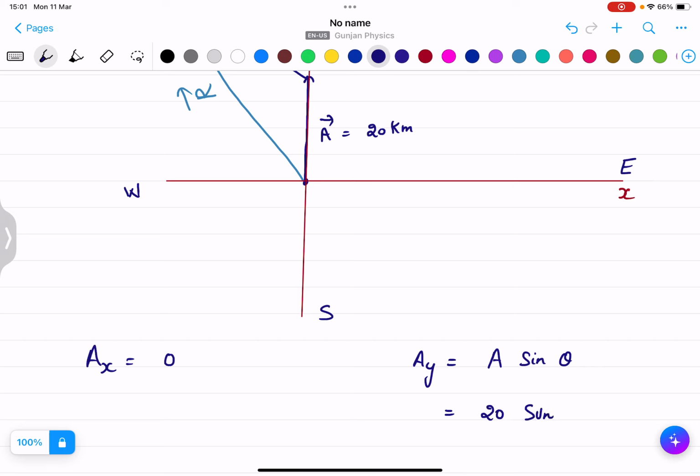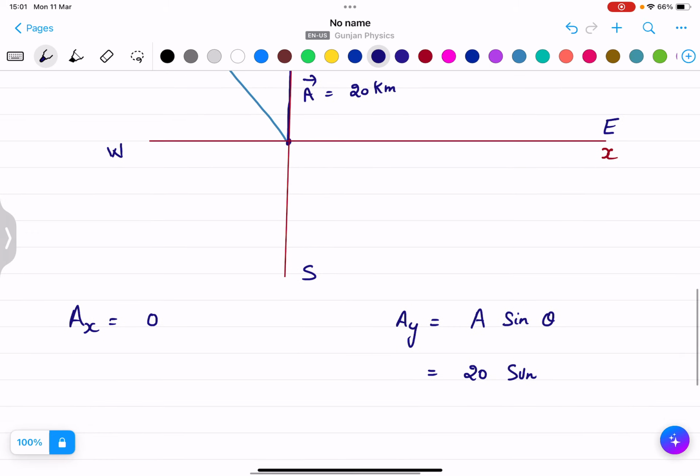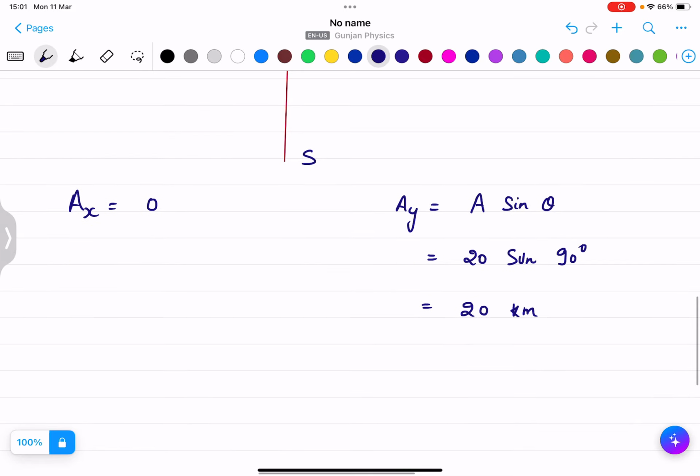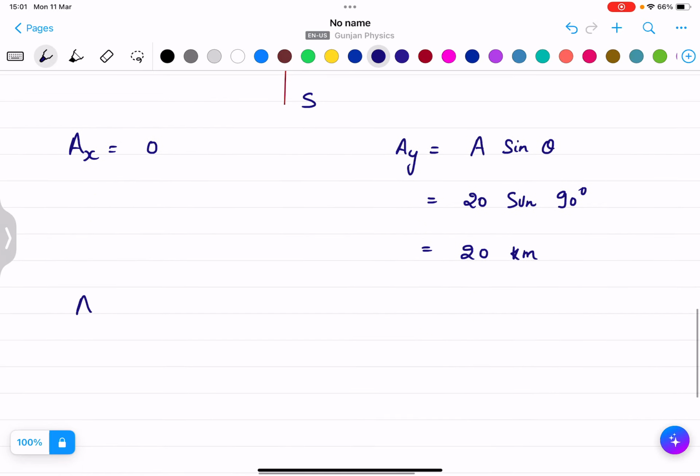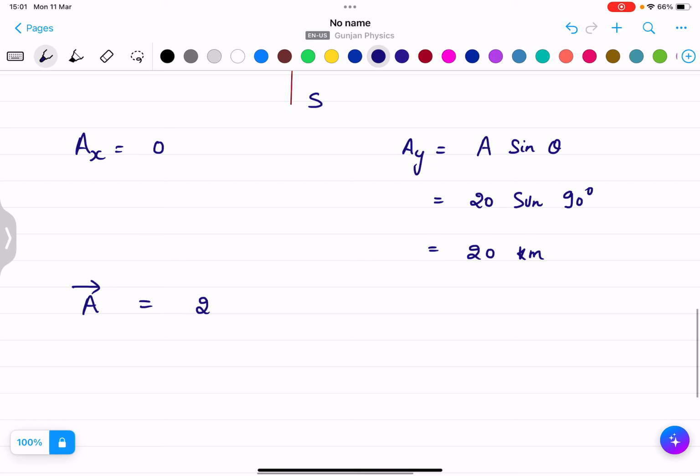Because it is making a 90-degree angle with the x-axis, theta is 90 degrees. So ay is 20 kilometers, and ax equals 0. So the A vector equals 0 in the x direction, and in the y direction it is 20j.